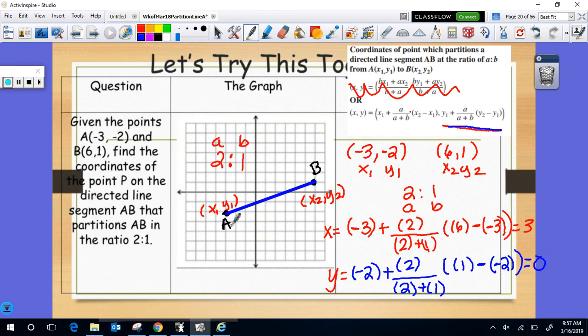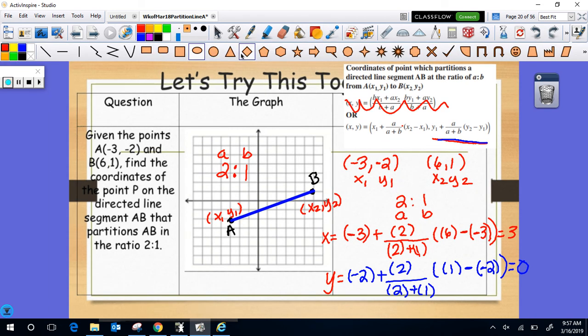So the point that we can put on this line that partitions this line into a 2 to 1 distance would be at 3 and 0. So I'm just going to get a figure here. And I'm going to find that point. I'm going to start here, and I'm going to go 1, 2, 3, and 0, and my point goes right there.